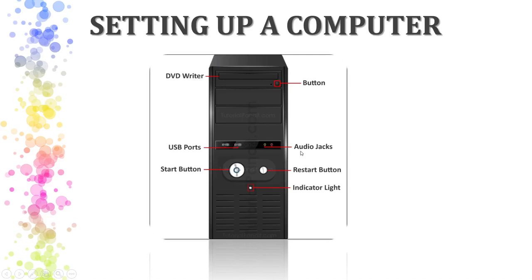Now the second point, audio jacks, A-U-D-I-O J-A-C-K-S, audio jacks. It is for listening to music or speaking or recording anything using the headphone. Our headphone pin, our hands-free pin, is plugged into these two audio jacks. Understand these buttons on the CPU box.